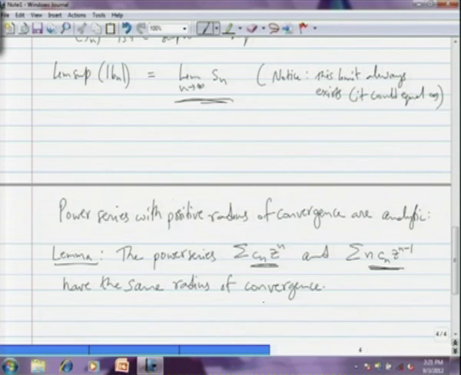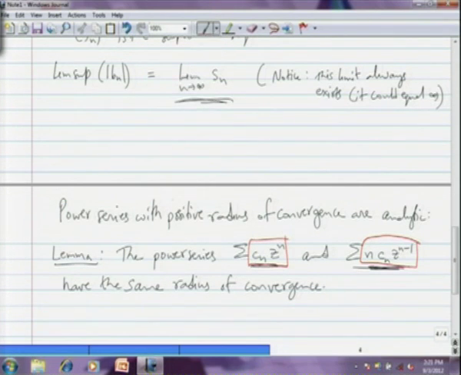That is the statement of this lemma: sigma C n z power n and sigma n C n z power n minus 1 have the same radius of convergence. Once again to emphasize, this is the derivative of this term.